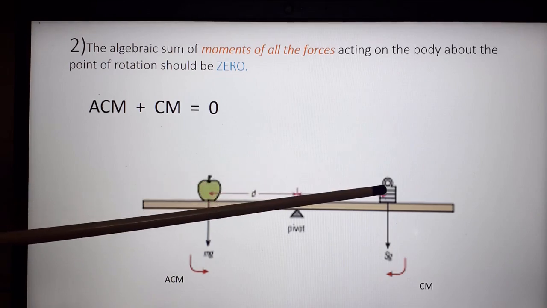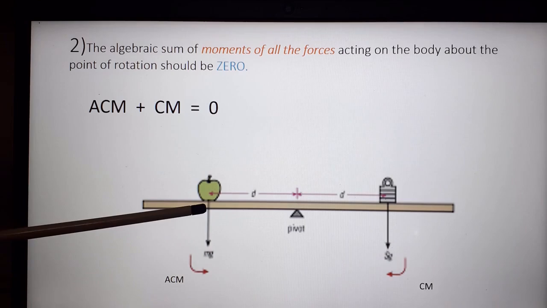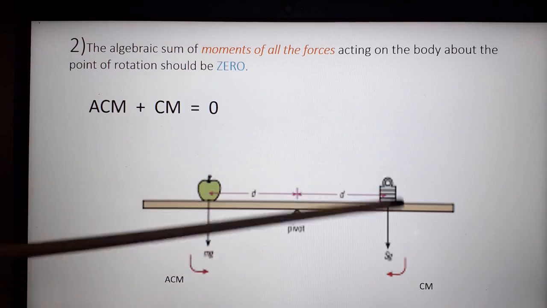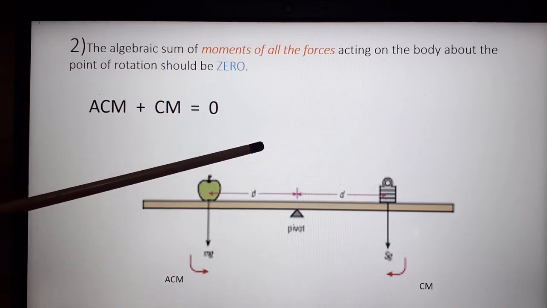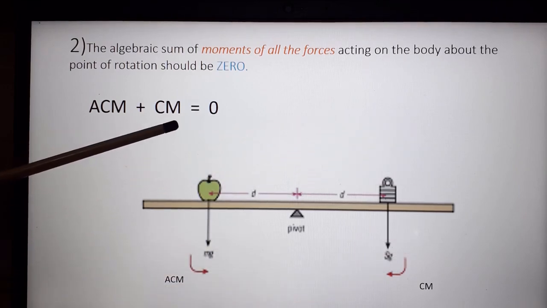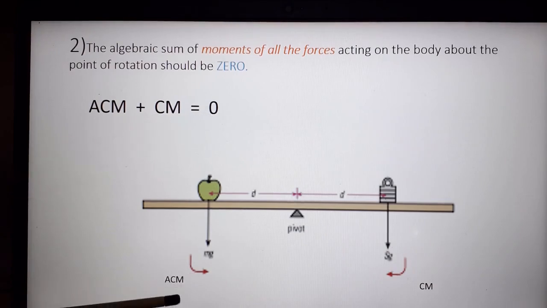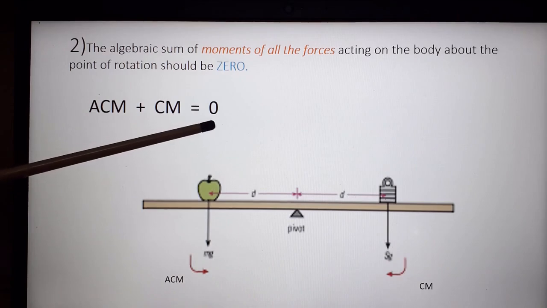Mass of the apple is similar to this standard mass. Then we will get a force applied by the apple on the beam which is equal, and it is going to produce an anti-clockwise turning effect. So in this case, clockwise moment is equal to anti-clockwise moment, right? If you add these two moments, you will get your answer 0. You know this, that we are taking anti-clockwise moment positive and clockwise moment negative. And as both are equal, we are getting answer 0.